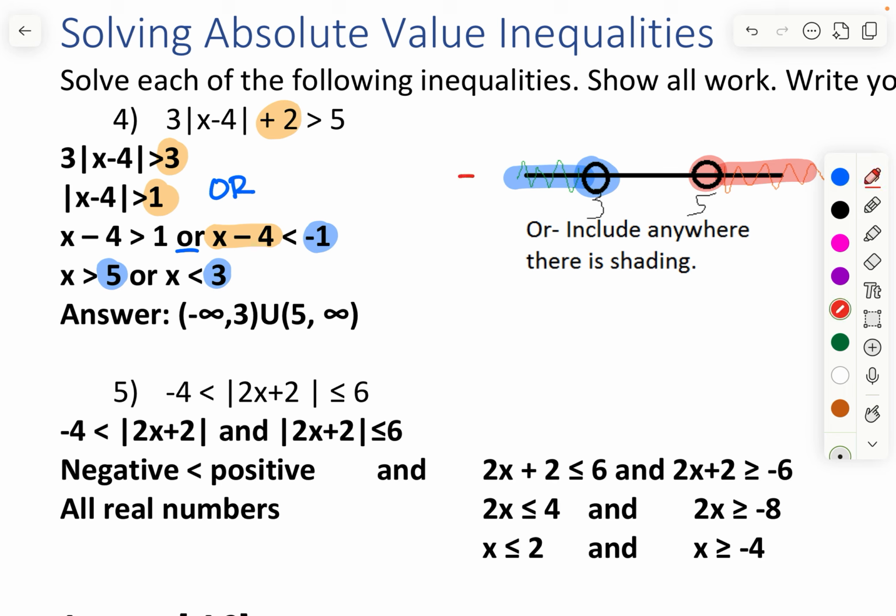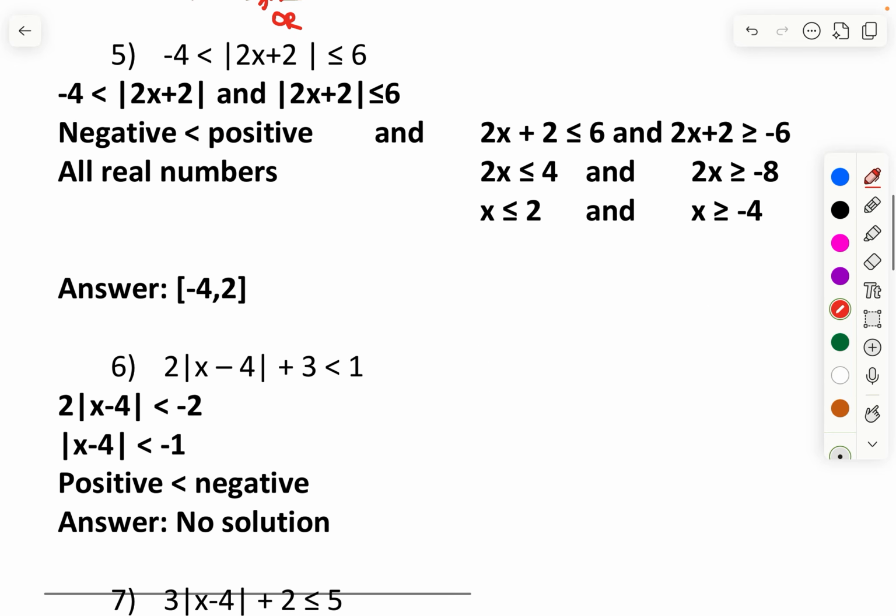So from -infinity to 3, and then from 5 to infinity. Don't forget that union sign means or. So your answer in interval notation is parentheses, -infinity to 3, parentheses, union, parentheses, 5 to infinity. Watch your parentheses. All right, number 5.